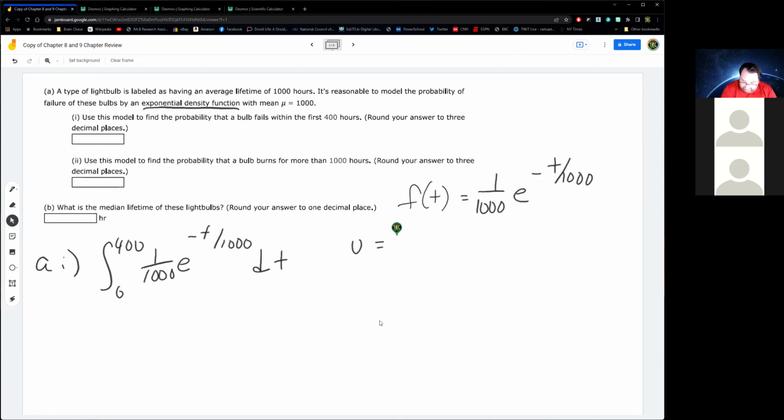So U is negative t over 1,000. So du is negative 1 over 1,000 dt. So the only thing different is the negative sign. So this integral, or the answer, ends up coming out to be negative e to the negative t over 1,000. And we're evaluating this from 0 to 400.